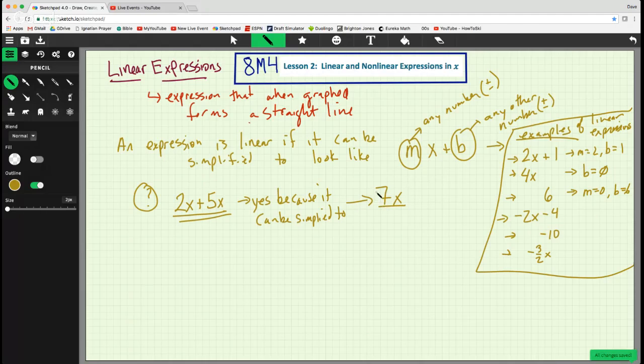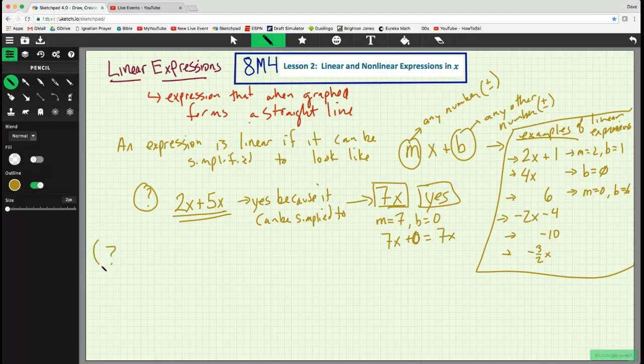And 7x is of the form mx plus b, where b is 0. What's m? m is 7, and b equals 0. So this is 7x plus 0, which is equal to 7x.